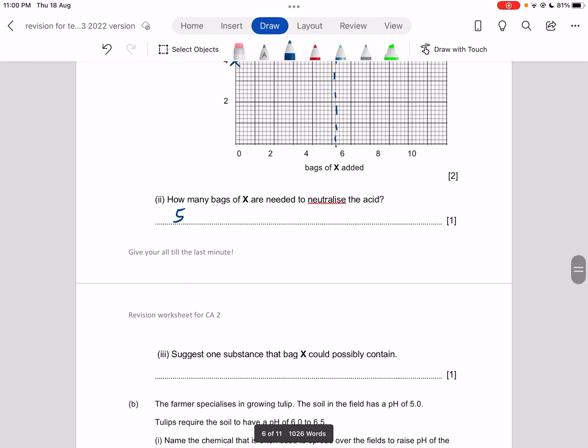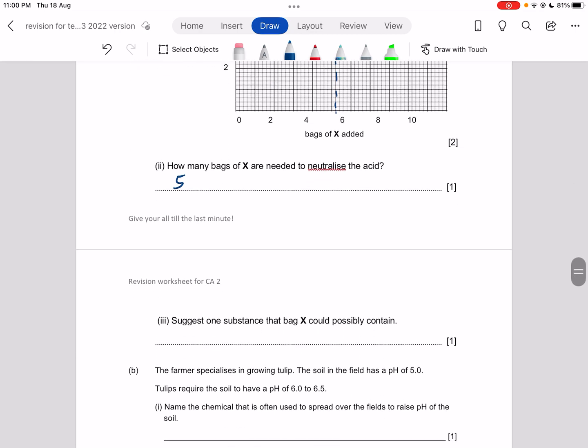Right, so this one is quicklime, calcium oxide, or actually slaked lime, calcium hydroxide. So this is slaked lime, calcium oxide is quicklime.